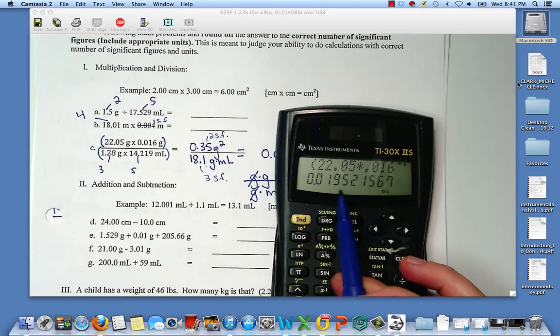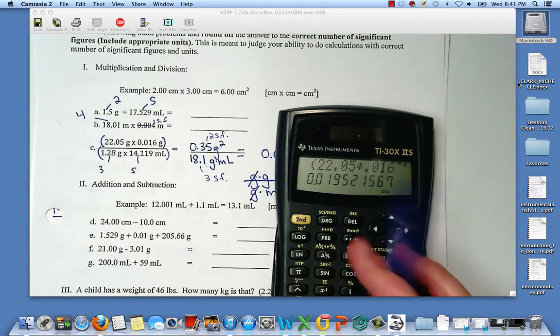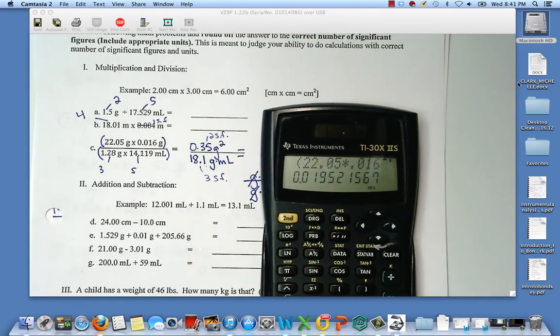Now see, at the very end, if I round to 2 sig figs, I would get 0.022. So either way, if you did it stepwise or all in one step, and you got 0.020 grams per milliliter, I would accept that.